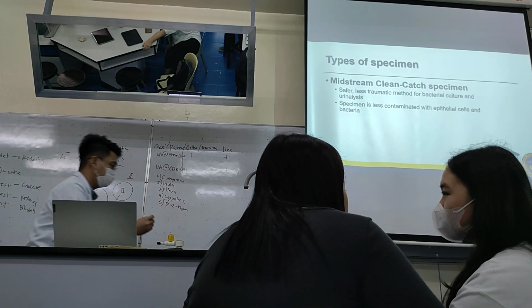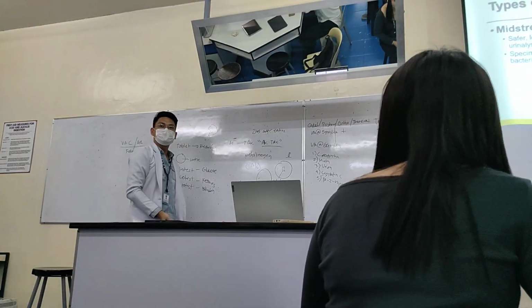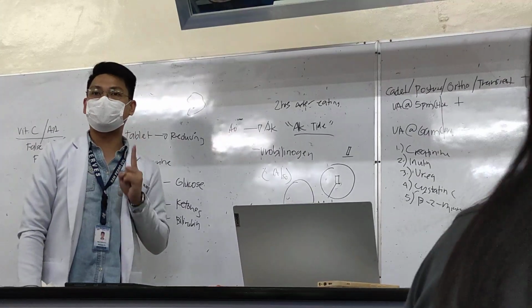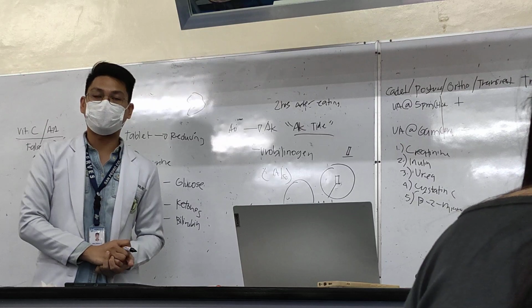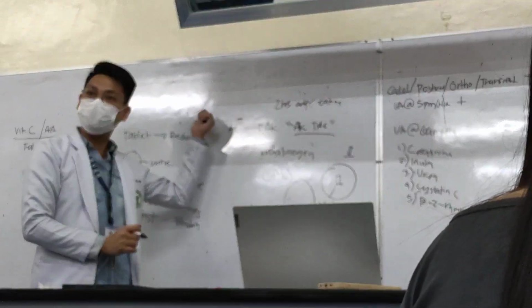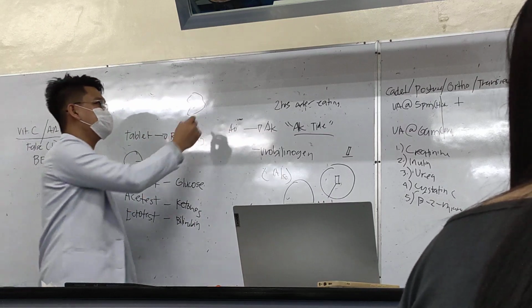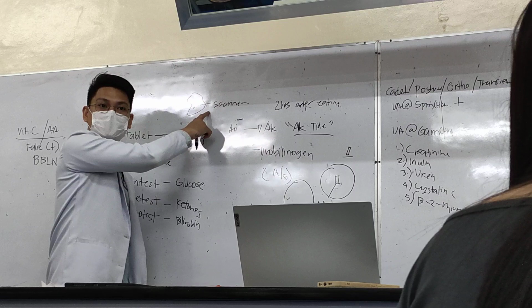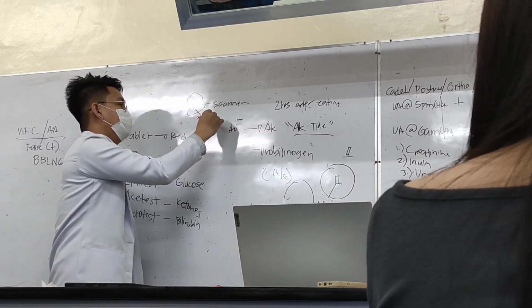Squamous epithelial cells are just like this. And take note, the squamous epithelial cell is the largest sediment found in urine. That's why on scanner you can already see it. And this will indicate the field of focus.